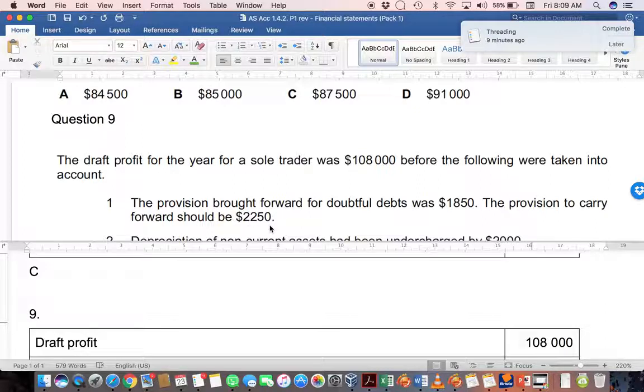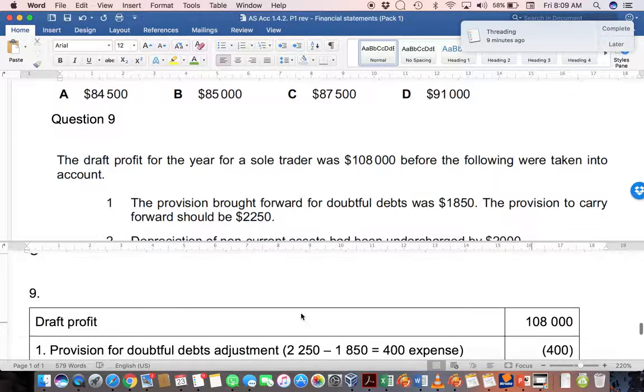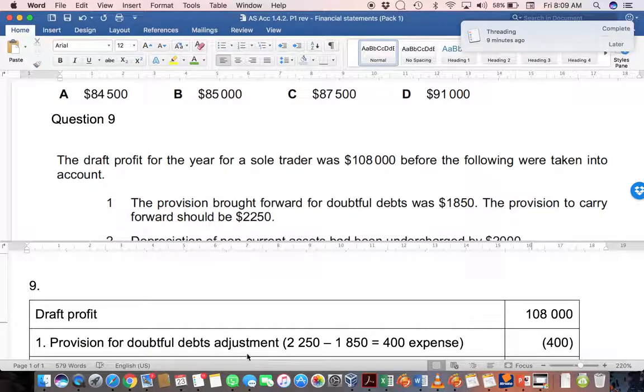So that means they have forgotten to adjust the provision for doubtful debts, and it needs to be increased from $1,850 to $2,250. In other words, I need to credit my provision account and debit my statement of income, which means it would be an expense of the difference between those two figures.